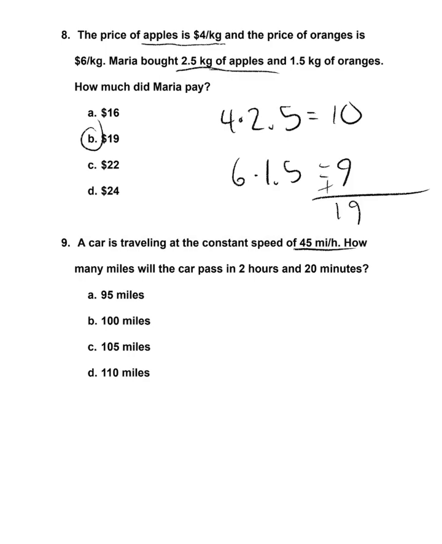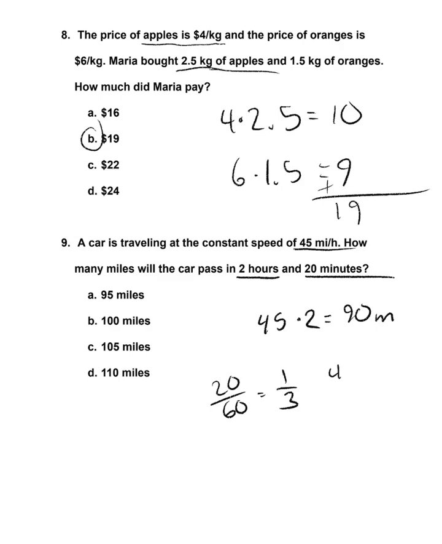A car is traveling at the constant speed of 45 miles per hour. How many miles will the car pass in 2 hours and 20 minutes? So 45 miles per hour. So we'll start with that. 45 times 2 because it's per hour and it's 2 hours, which would be 90 miles, and then plus the 20 minutes. 20 over 60 equal to 1/3.